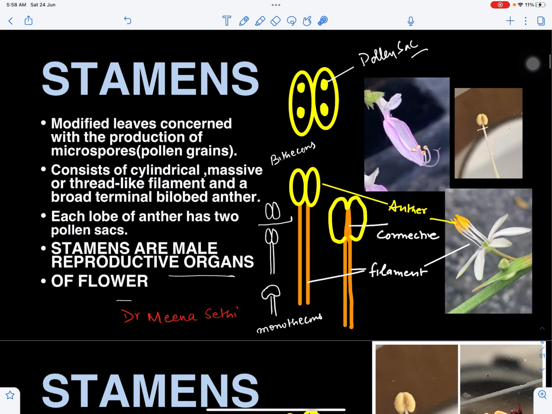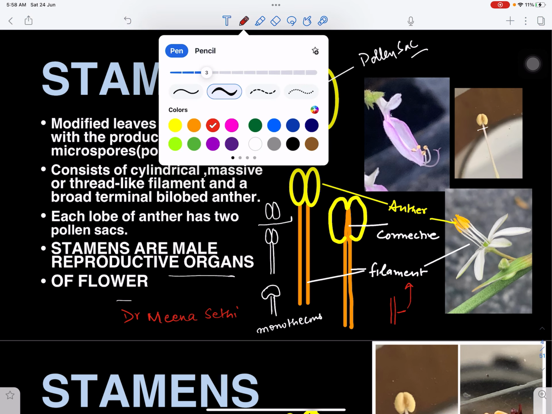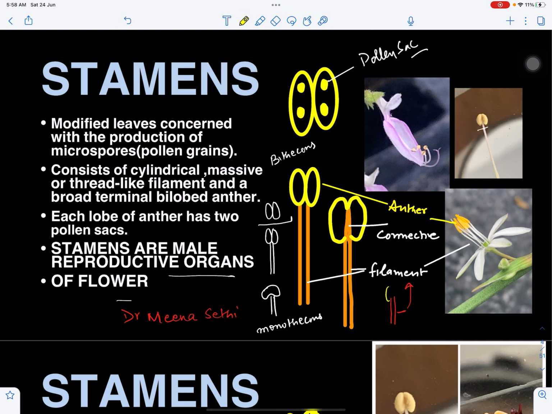If you see the structure of stamens, as we have seen in the last figures, they have a stalk. The stalk is called the filament, and at the top are 2 lobes like this. This part is called the anther, and this is called the filament.